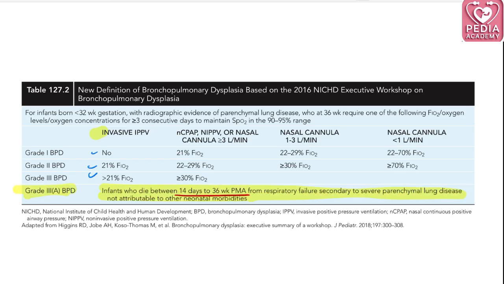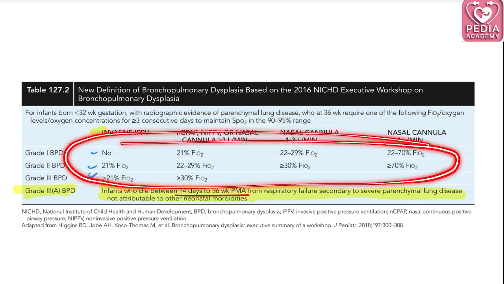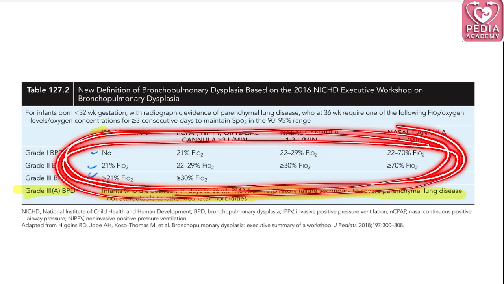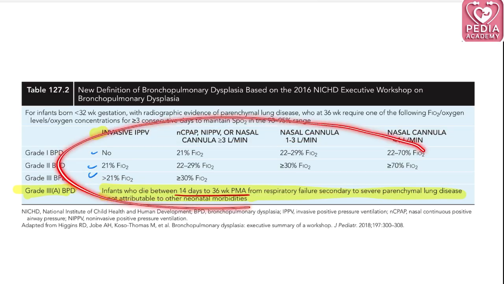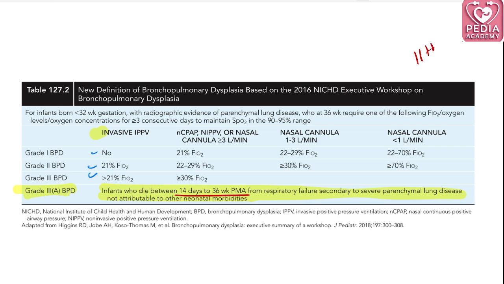So this is important. Again, if your patient is on CPAP, nasal cannula, or nasal cannula less than 1 liter per minute, you have to remember these values. Okay, I can't teach you these values, but you have to just go through them just before the exam. So this is your last 11th hour table, okay, before going to the exam.